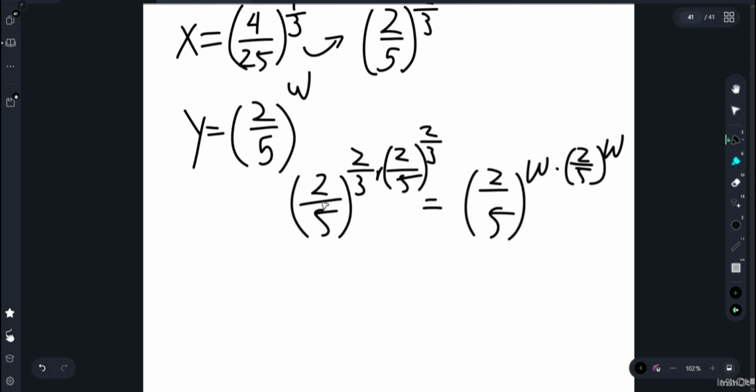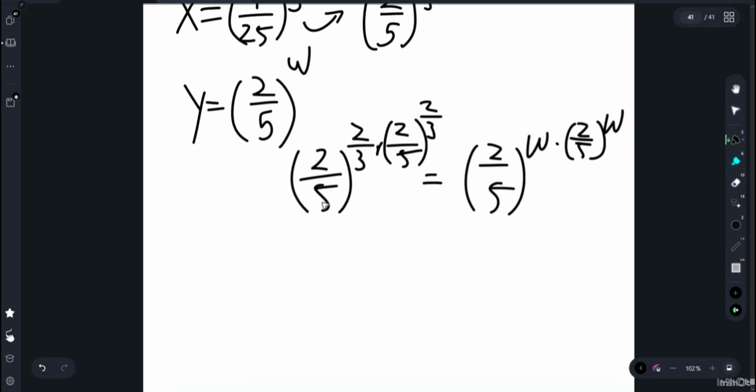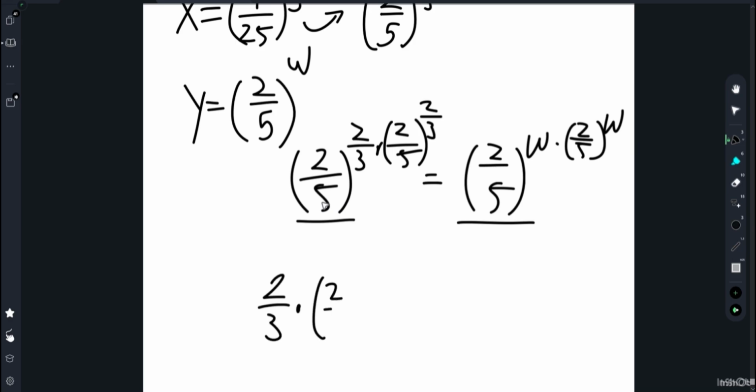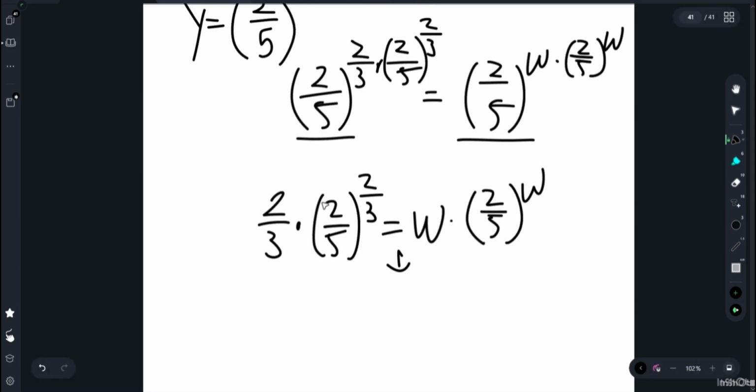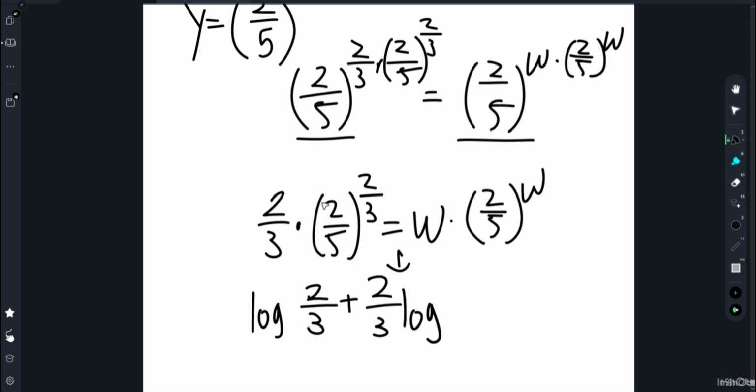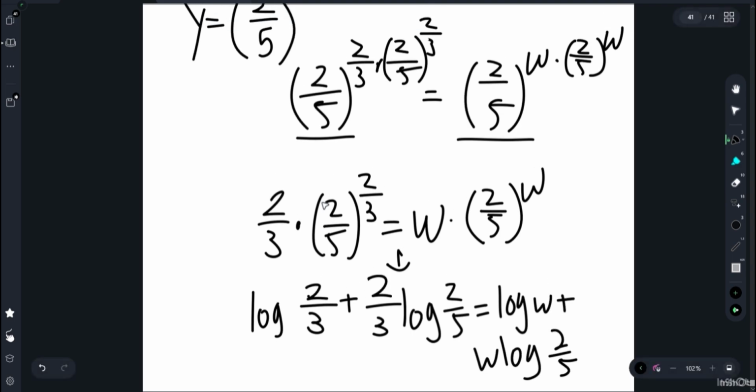We want to equate the exponents as they are both in the power to the fifth. So 2/5 to the 2/3 times 2/5 to the 2/3 is equal to omega times 2/5 to the omega-th power. And so we want to take log here. We get 2/3 plus the missing exponent at the front. So you want to put like terms on both sides.